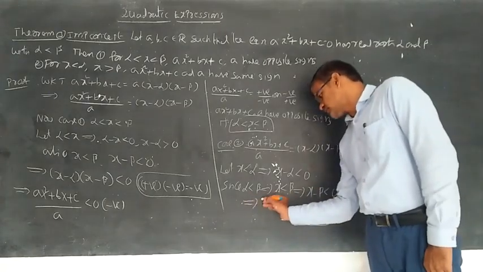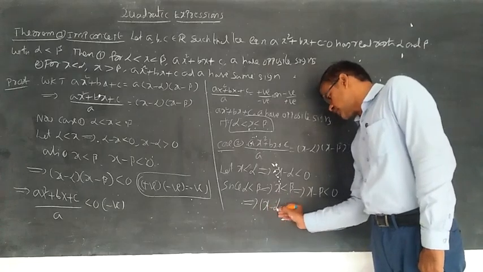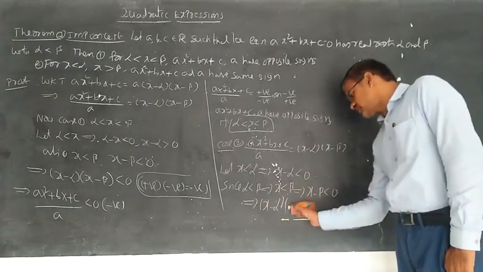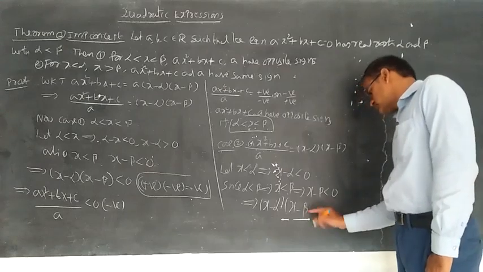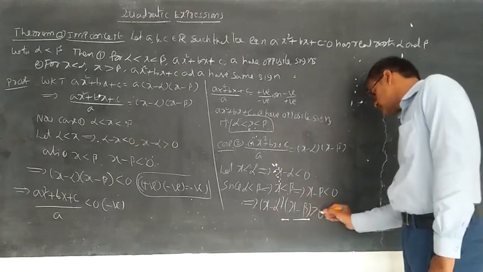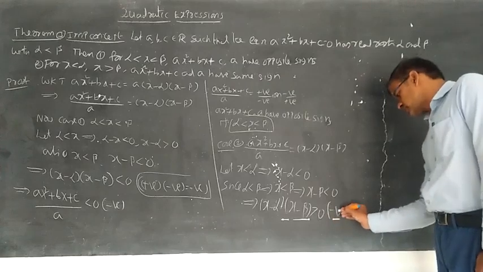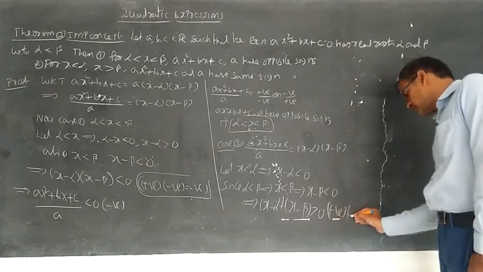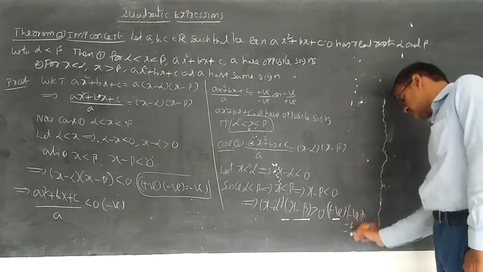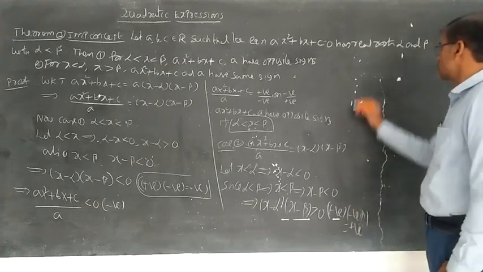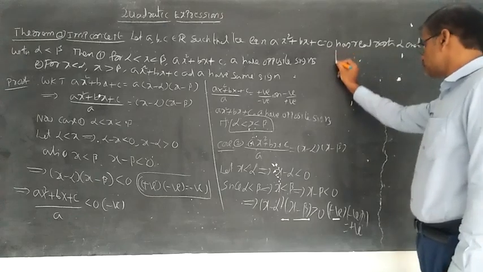That implies x minus alpha into x minus beta becomes positive, because negative into negative is equal to positive. The concept we use here is negative into negative equals positive.